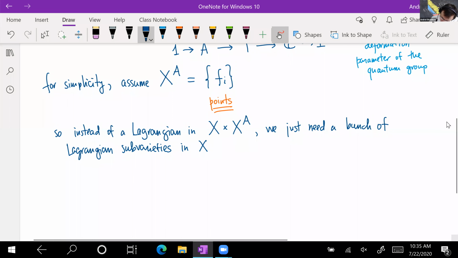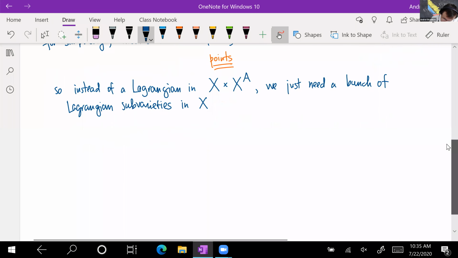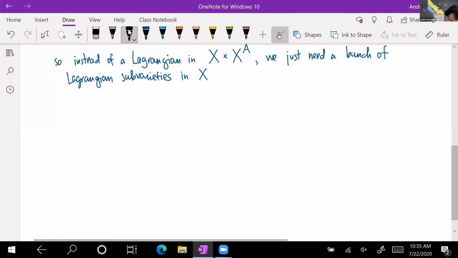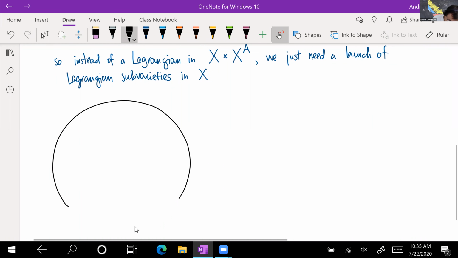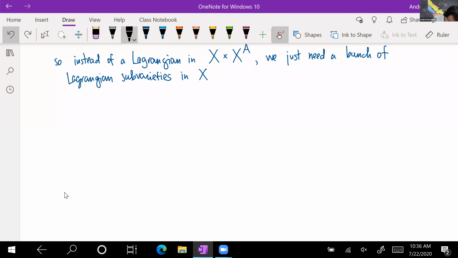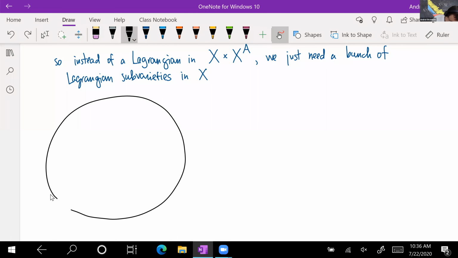So maybe to have a picture in front of us, this is X. Then there are different fixed points, so maybe there's a fixed point F1, and there's an attracting manifold of F1. Some of these trajectories hit a different point, F2, and so there's an attracting line for F2.